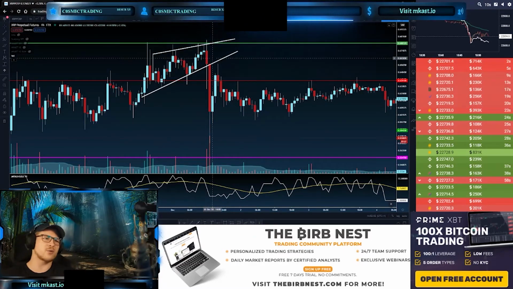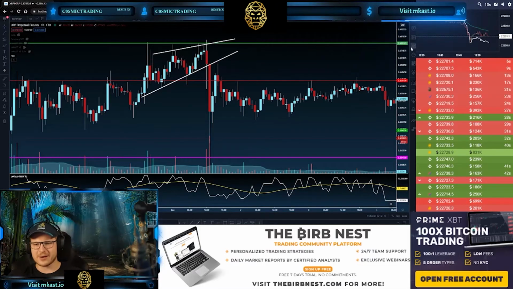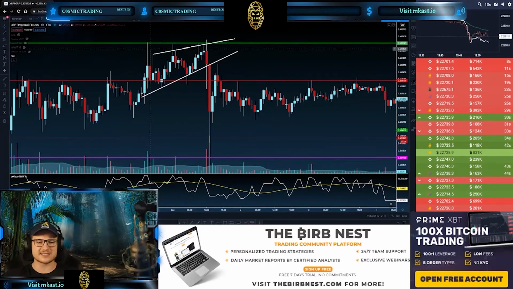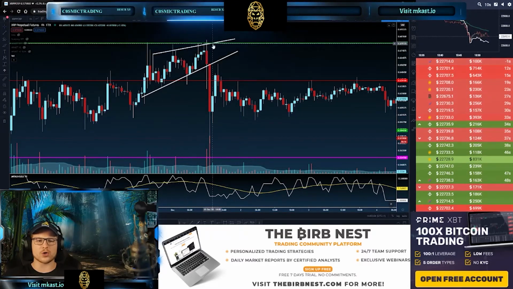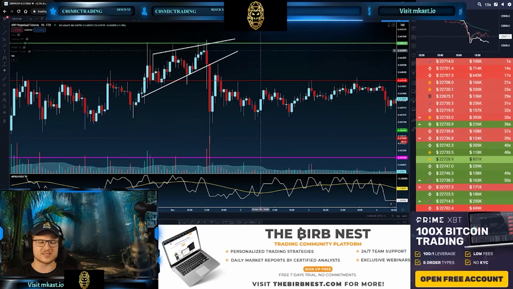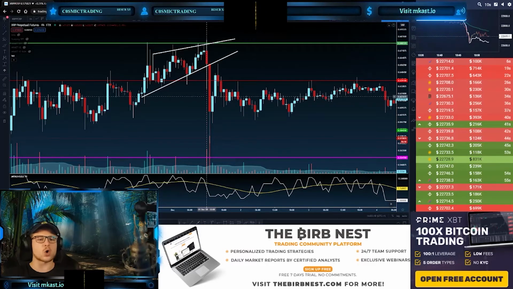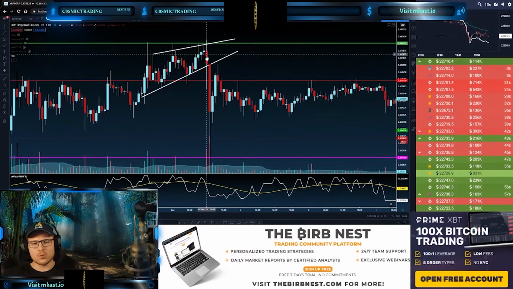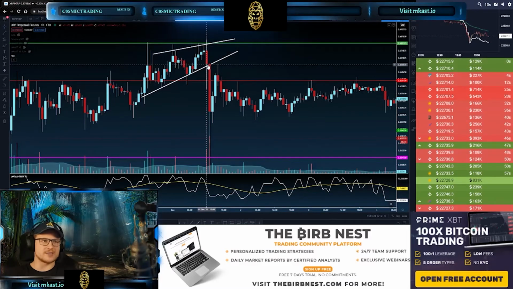And then you're right here at a key level of resistance. The rising wedge is not breaking, these wicks are all not breaking the resistance, and at some point you just get a really strong rejection inside of the rising wedge.